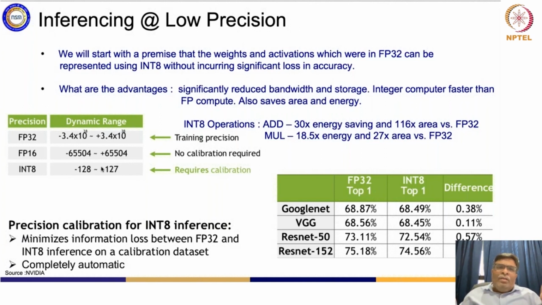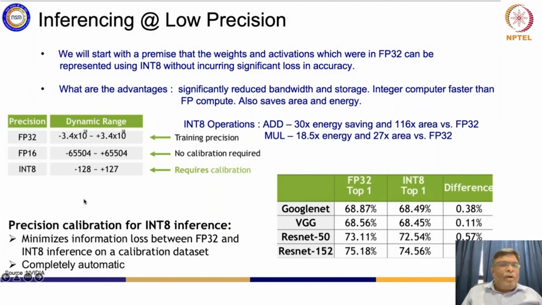Here you are changing your precision from FP32 to FP16, and your dynamic range reduces. So whatever information was in that particular range should be compressed into this range. There are software tools available for this, and this particular step does not require any calibration. We'll tell you briefly what calibration means and why it is required.